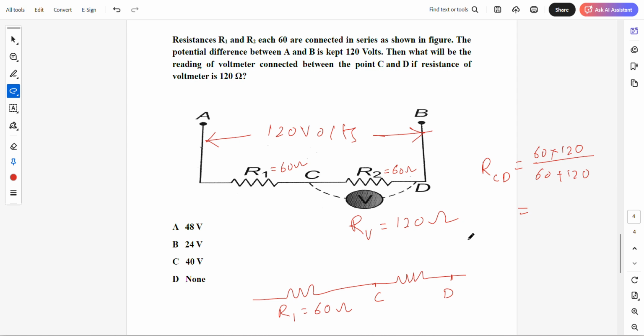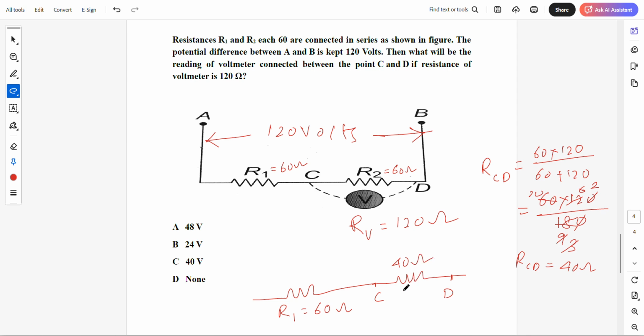Keep 60 into 120 as it is. The denominator is 180. The zeros cancel, and you can simplify this. It is 40 ohm.